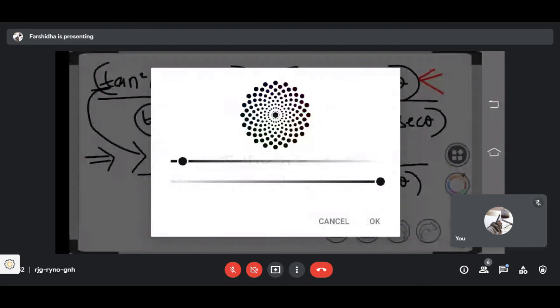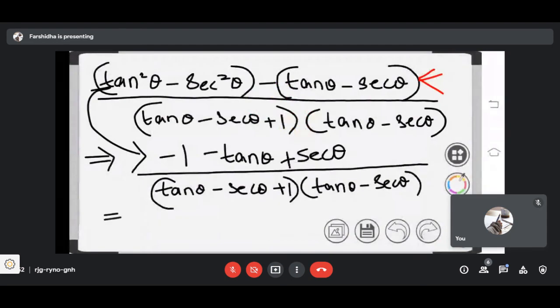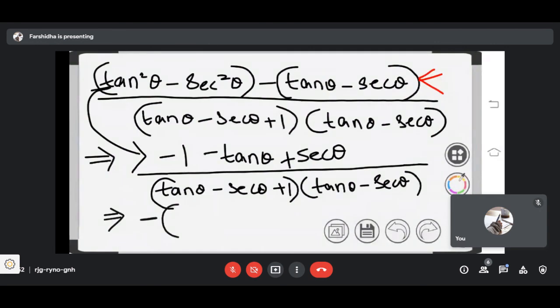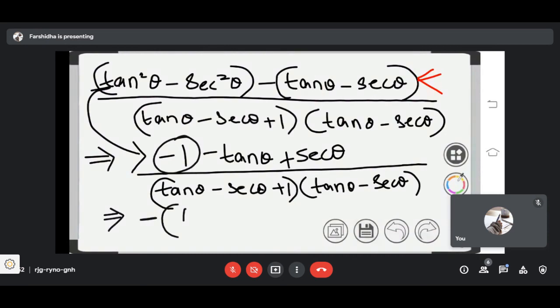In the next step, I'm taking negative outside. So what all things are there inside the bracket? The sign changes. So you can see here, 1 is negative. So inside the bracket, 1 will be positive because I have taken the negative outside. Here you can see tan theta is minus. So inside the bracket, tan theta will be plus tan theta.